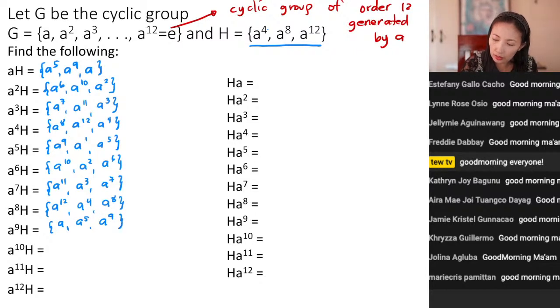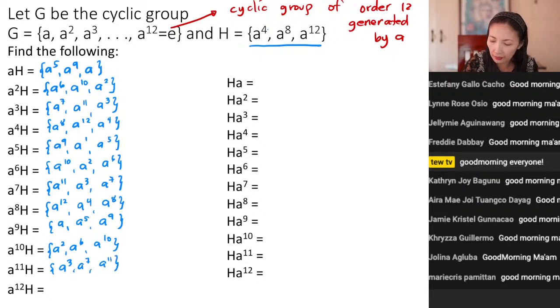A raised to 10 H will be A squared, because that is A raised to 14, then A to the 6, then A to the 10. A raised to 11 H will be A to the 3rd, A to the 7th, A to the 11th.